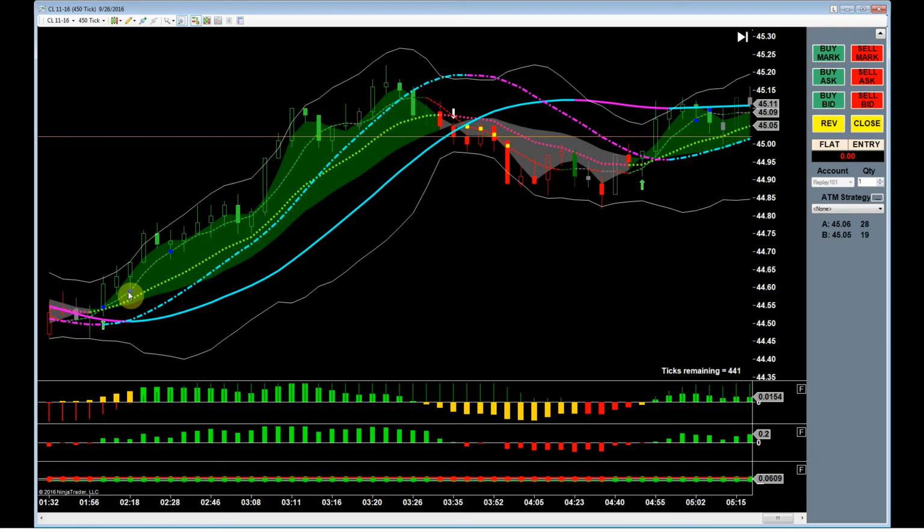However, you have to understand the conditions first, and that is the dynamic trend bands have to either be crossing exactly, which they are right here, right in this candle, on this pullback, they're crossing over, or they're matching color. Now, if they're matching color, dynamic trend band number 1 can be below dynamic trend band number 2 in the case of a buy, and it can be above in the case of a sell.